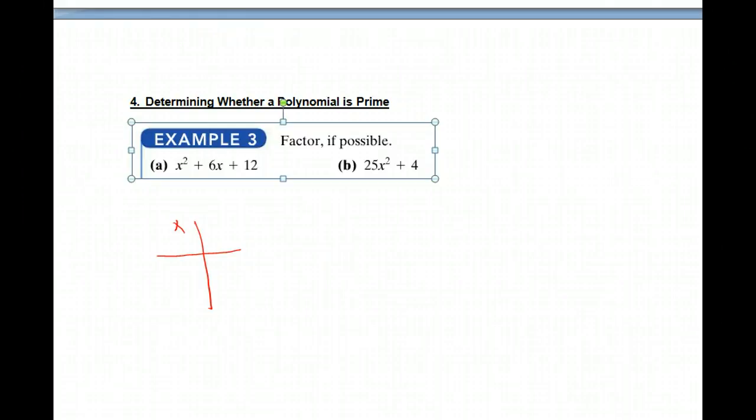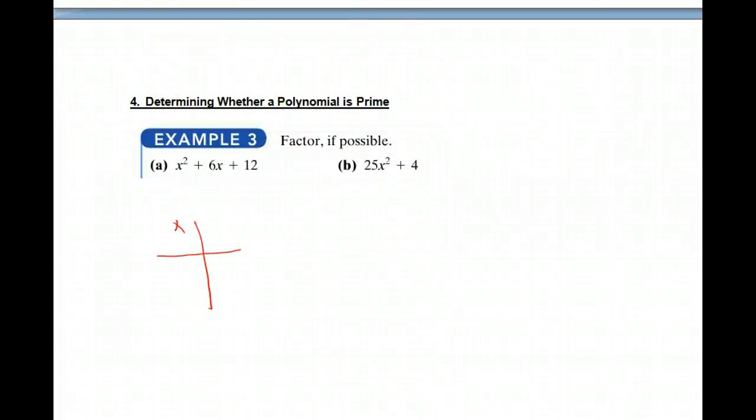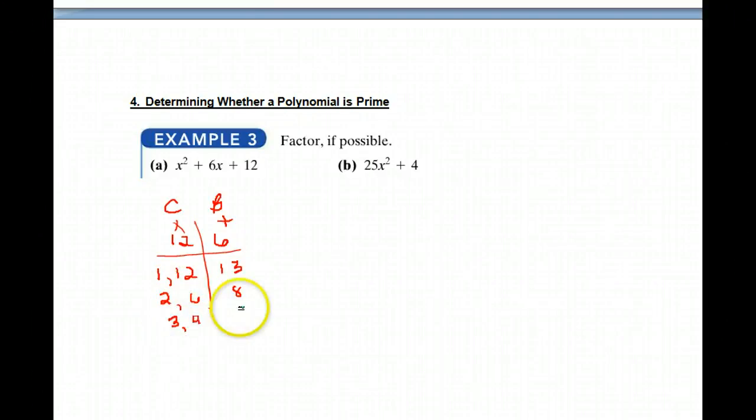I apologize for continuing to write over top of my graphic and moving it around. We want factors of 12 that are going to add to 6. So I have 1 and 12. I have 2 and 6, which is 8. I have 3 and 4, which is 7.